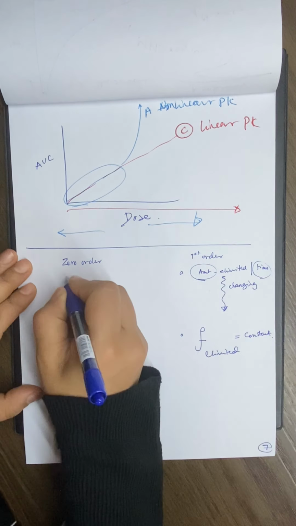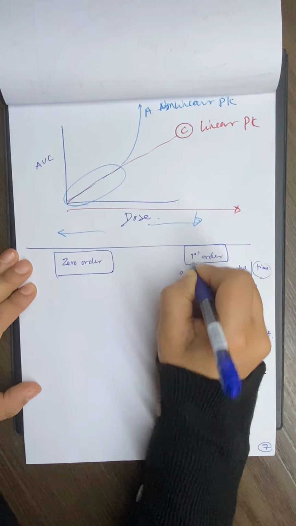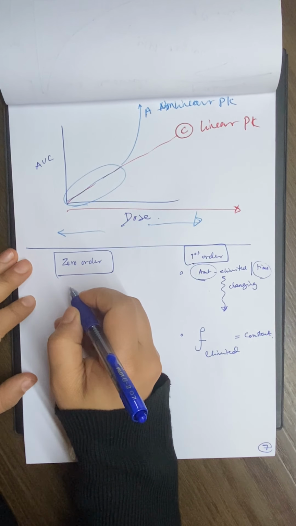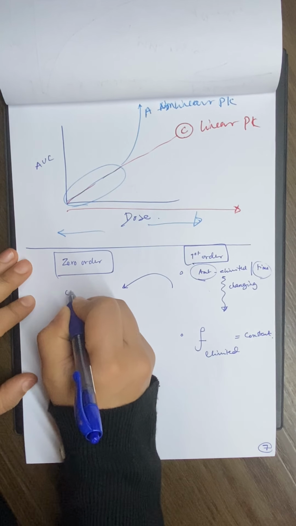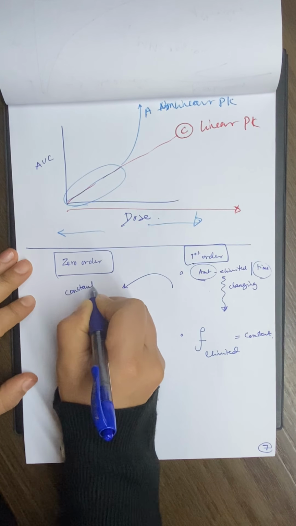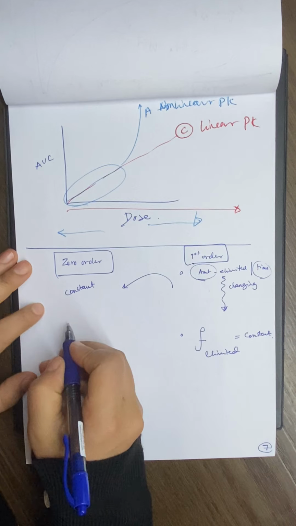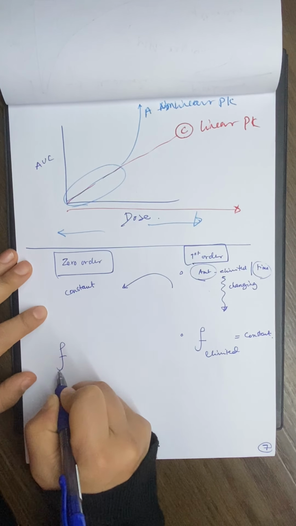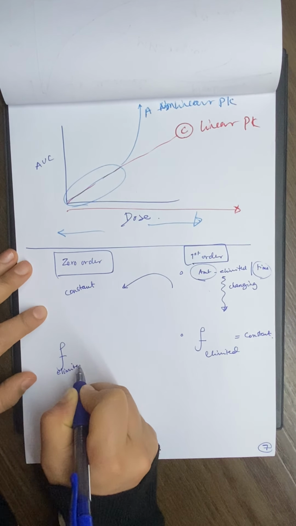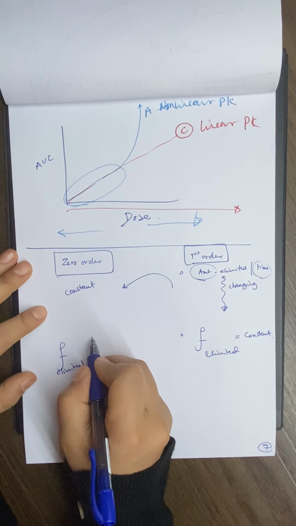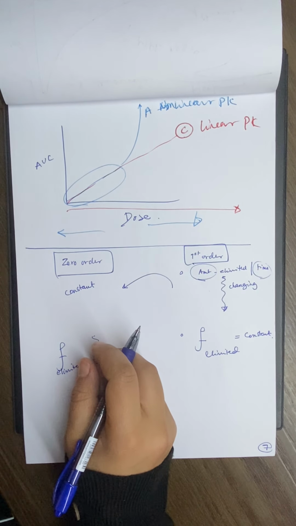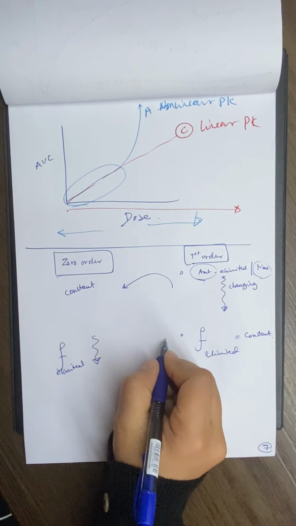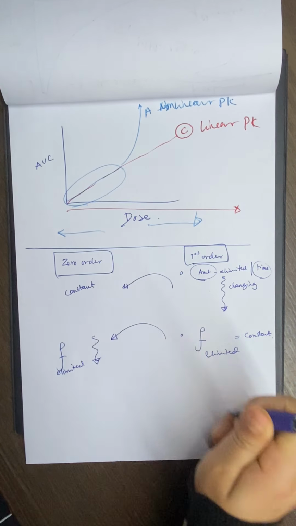But when we have zero order kinetic, the amount of the drug eliminated per unit of time is constant, which is related to the rate. But the fraction eliminated is changing with time, and it's usually increasing. And this is what you already know from before.